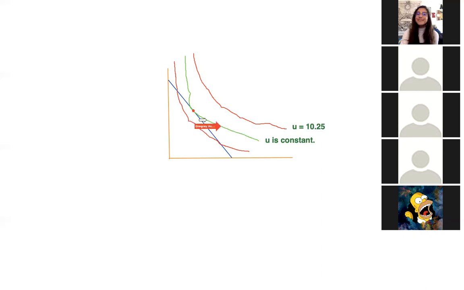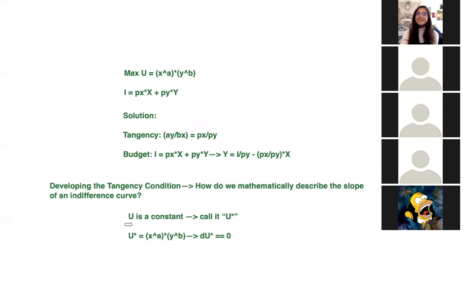So changing X and Y is allowed, but changing U is not on an indifference curve. So with this equation, with the change in U fixed to 0, now I'm on a particular indifference curve, okay?